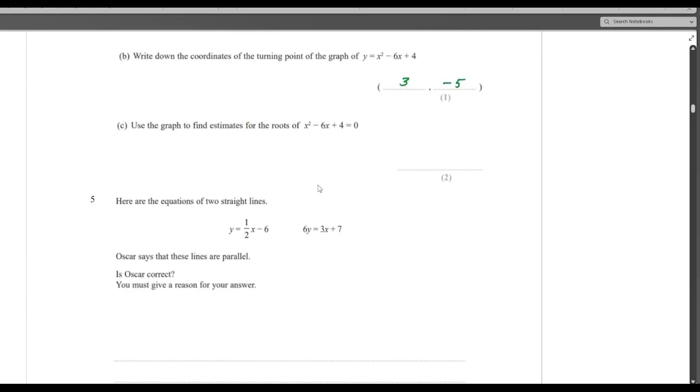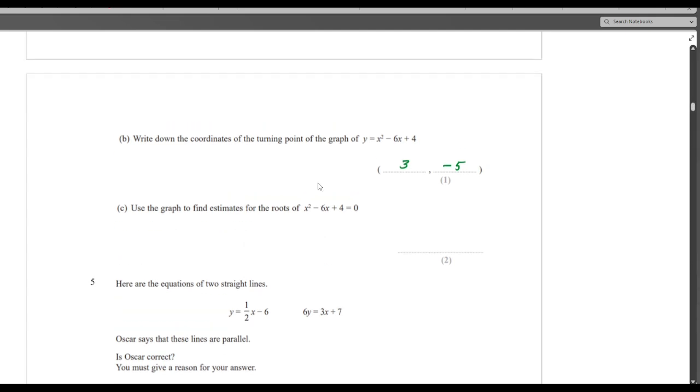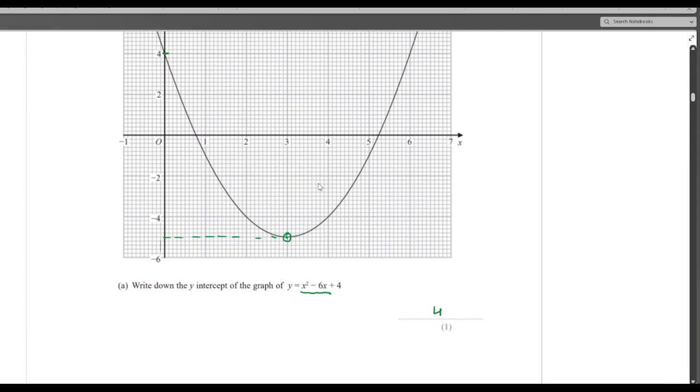Now using the graph, find the estimate of the roots of x square minus 6x plus 4 equal to 0. Now root means solution of this equation, and it is the x coordinate where your y is 0, or you can say where your graph cuts the x-axis. So these are the 2 points.